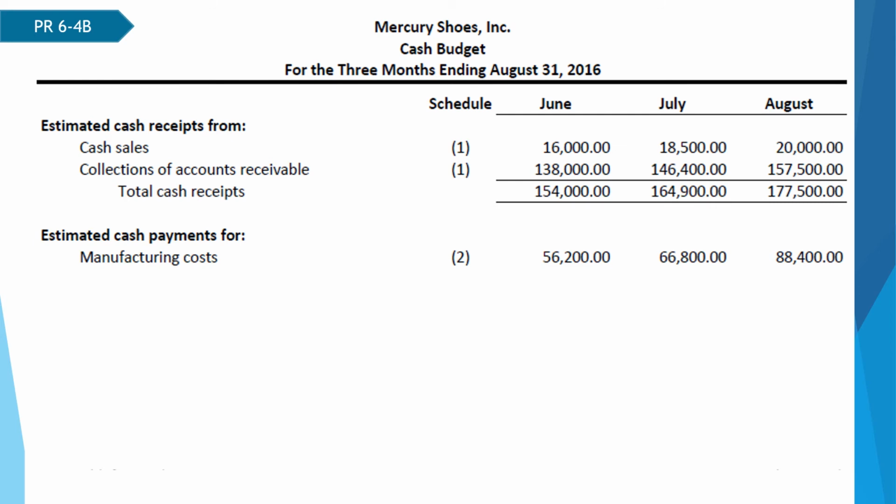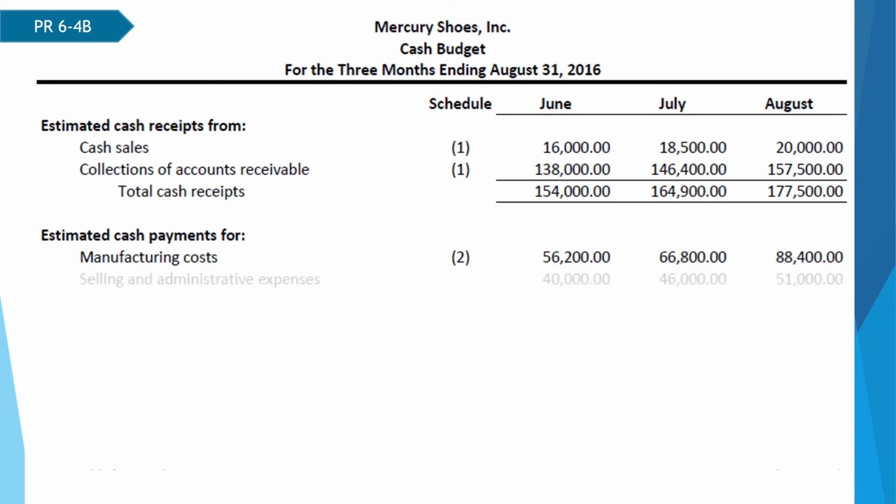Since there is no additional cash inflow given, the final total cash receipts are $154,000 for June, $164,900 for July, and $177,500 for August. So let us proceed to the estimated cash payment section.